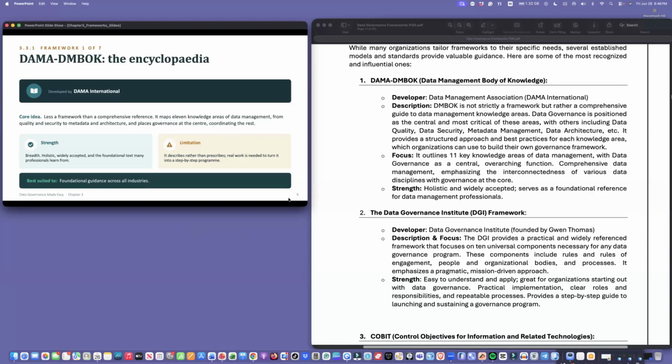Now, its limitation is that it describes but doesn't prescribe. So it will cover so many different things, but it might not prescribe. You may need another framework like the DGI to do prescriptions for each of the things that it is describing. And you see it at play when we are looking at the example in this particular session. So the real work is about turning it into prescriptive principles, prescriptive clauses that will guide the organization.